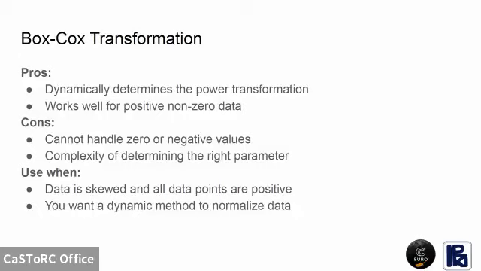Okay, so you can normalize this data using these dynamic methods, but what happens if you have negative numbers, or not all your data are positive, or you have zero values?